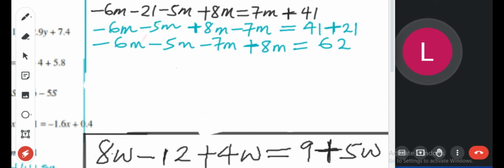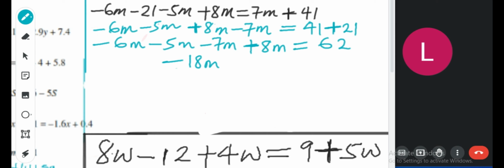So we go about this. Minus 6m minus 5m minus 7m. You owe 6, you owe 5, you owe 7. Altogether you will owe 18. So that will be minus 18m. Then plus 8m equals 62.